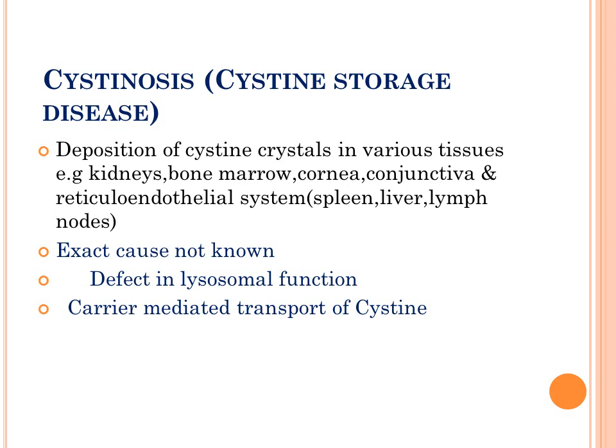One postulation is, as I told, it is a lysosomal storage defect. Lysosomal function is compromised here, and the other is that there is some defect in the transport mechanism for cystine, which is responsible for this disorder. But this is a dangerous condition which can lead to death in early life, compromising the function of a number of body tissues.